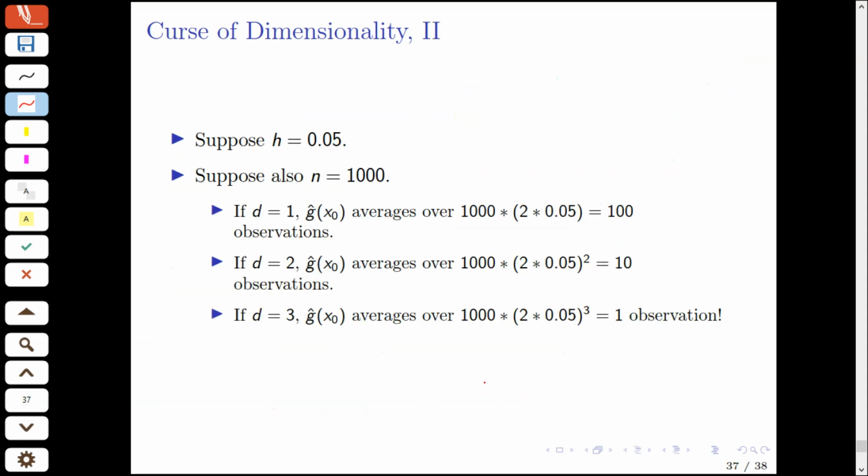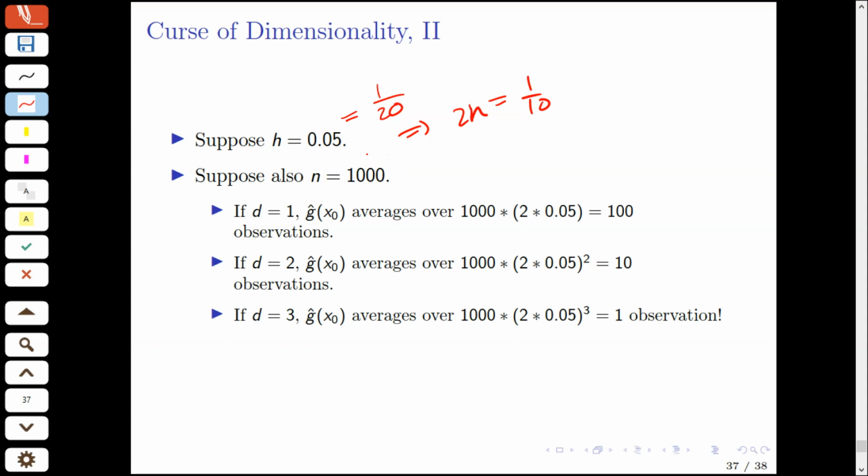So let's play around with this expression. And suppose for simplicity that the bandwidth is 0.05, that is a 20th. And therefore the diameter of this cube is a tenth. Now suppose that our sample size was 1,000, which is large but not overwhelmingly large.